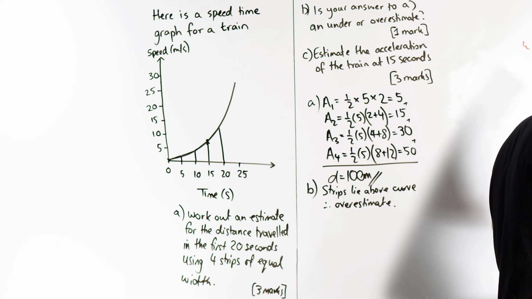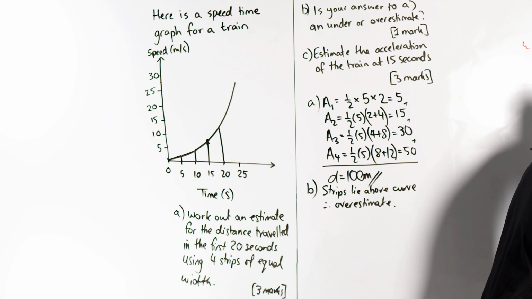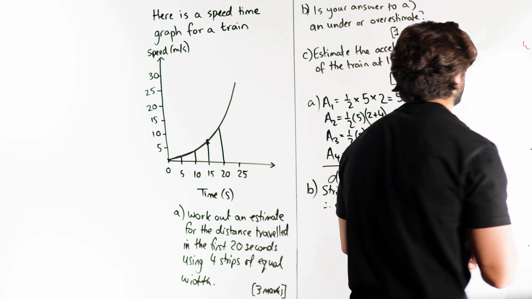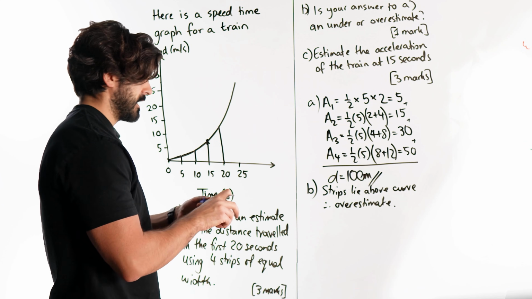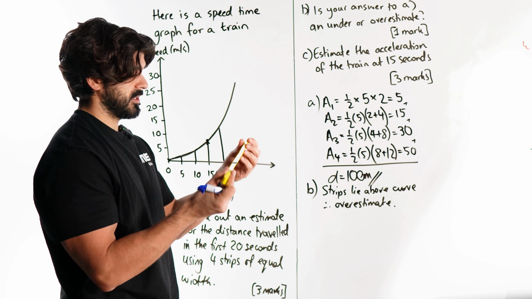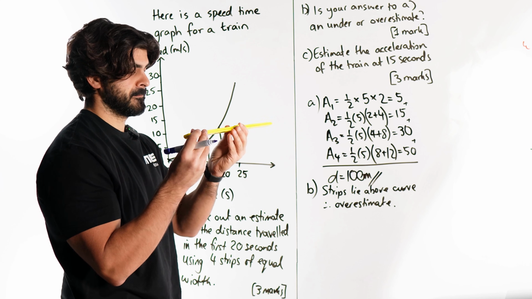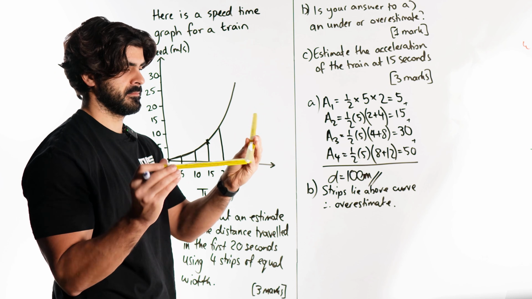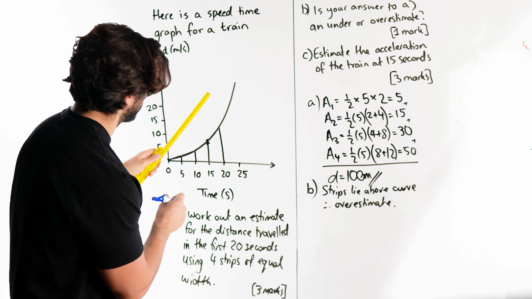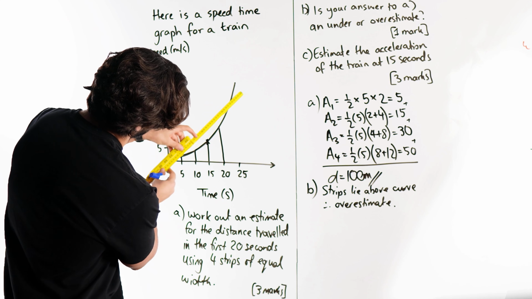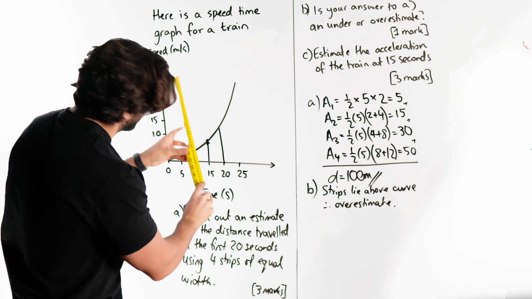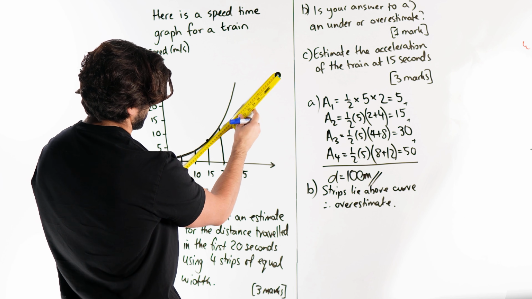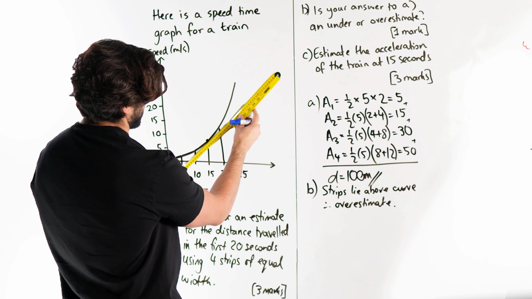I'm also going to use a thinner pen. Maybe I'll use blue. Let me just double check it works. It does. So what I'm going to do is I'm going to use this ruler that I found in the bin, and I'm going to estimate. Maybe I'll do this. All right, so the way you want to do it is you want to get an equal amount of gap on either side. Okay, so look at something like that maybe.